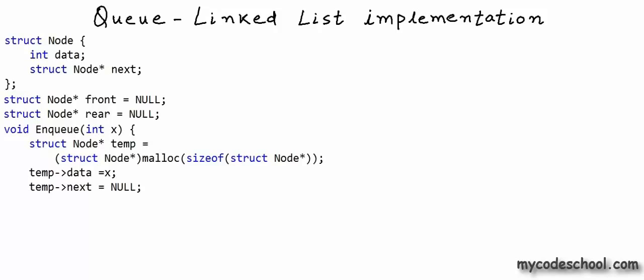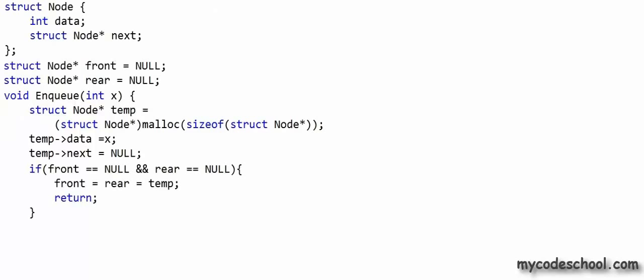In this function, I'll first create a node. I'll use malloc in C or the new operator in C++ to create a node in what we call dynamic memory. I'm pointing to the newly created node using this pointer to node named temp. Now we can have two cases in the insertion or NQ operation. If the queue is empty, in this case both front and rear will be null.